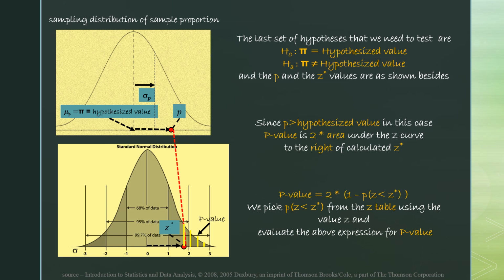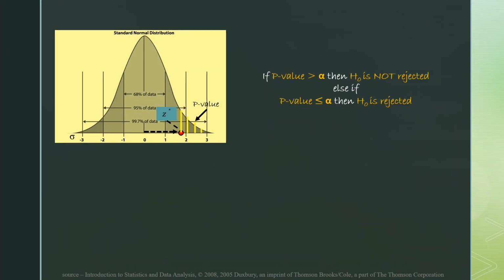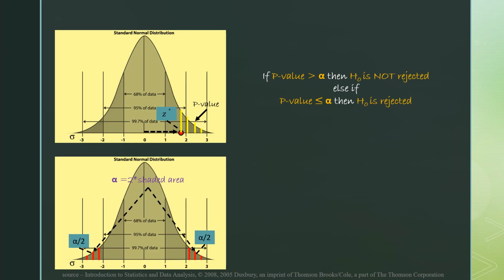We pick the probability from the z table using the value of z and evaluate the above expression for the p-value. If the p-value is greater than alpha, then H0 is not rejected. Else if the p-value is less than or equal to alpha, then H0 is rejected. Note that alpha is divided symmetrically into 2 parts at either end of the distribution.